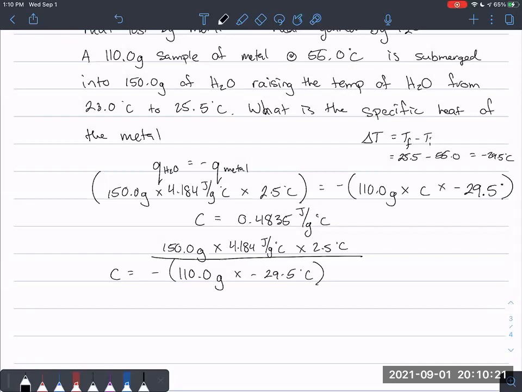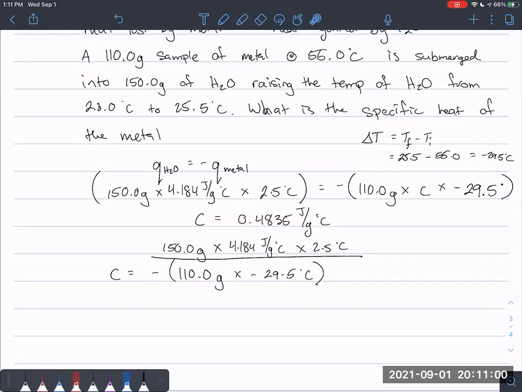Other questions? So the 110 from the bottom becomes a negative? Well, 110 times negative 29.5 would be negative, and then times this negative sign would become positive.